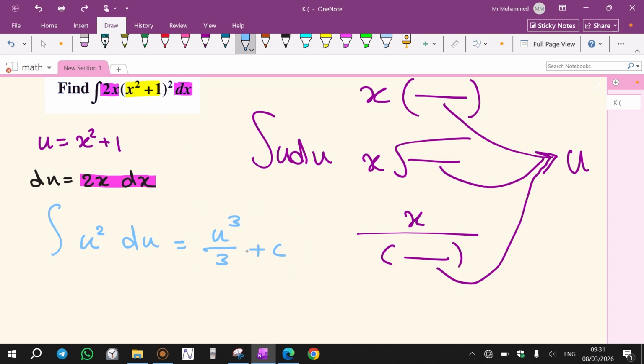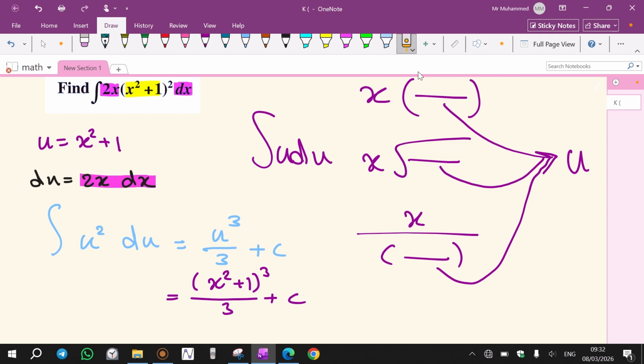Or if they are not multiple choice, then where we put in place of u, we put the x squared plus 1 back, and we're going to get the exact same result as we wrote using the other method, the one we solved a few minutes ago. Replace the u with x squared plus 1. That's x squared plus 1 power 3 over 3 plus c. That's the same result as we evaluated the integral.